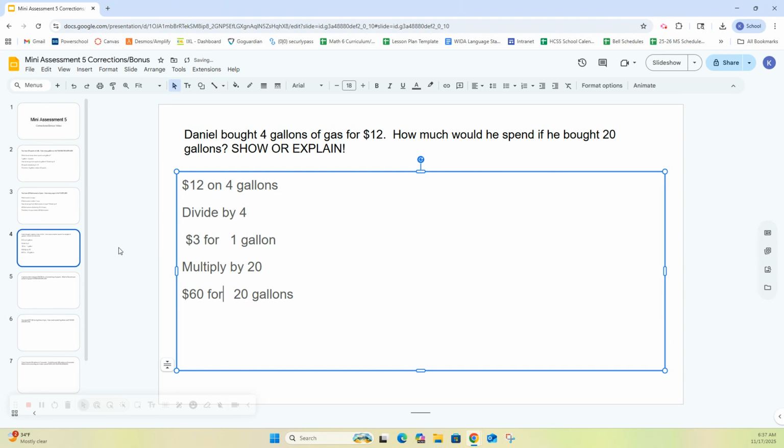Again, if it's $12 for 4 gallons, we need to find the unit price, which is $3 per gallon if you divide by 4. Then multiply that by 20 to go to 20 gallons, and $3 times 20 is $60 for 20 gallons. All right, let's keep going.